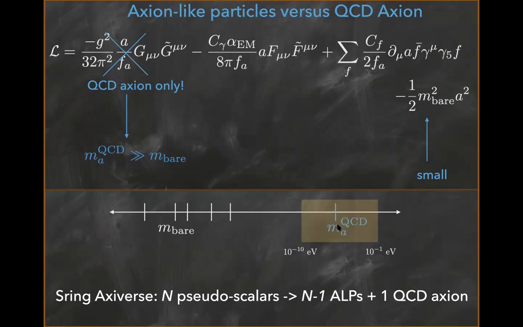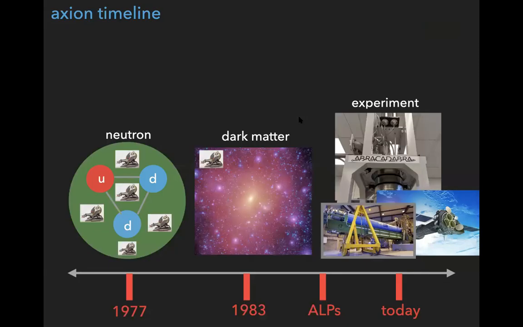So that'll have a large mass. And then we're left with these n-1 ALPs, which will, by construction, not couple to QCD, but can still exist within the spectrum of nature. And I think it's very interesting and motivated to try to look for those particles too. So that's all I want to say about the axion at a particle level.